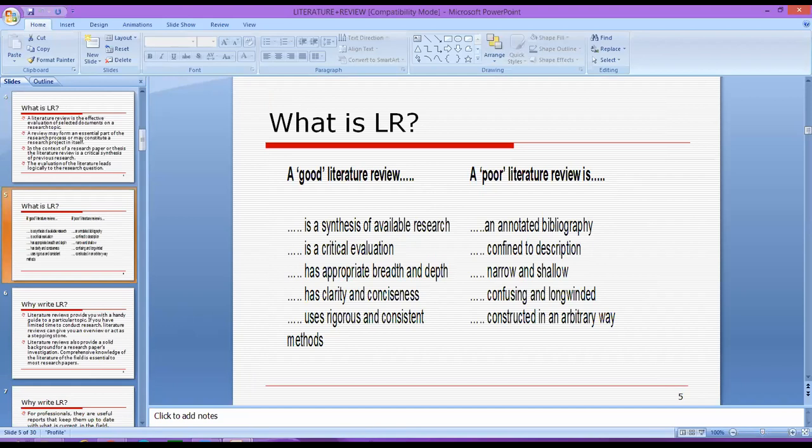It is a critical evaluation, which means you look deeply into the issue at hand. It has appropriate breadth and depth. By the way, I've uploaded a number of reading materials and slides on Moodle. Please make sure that you download them so that you start preparing for your 2 tests.